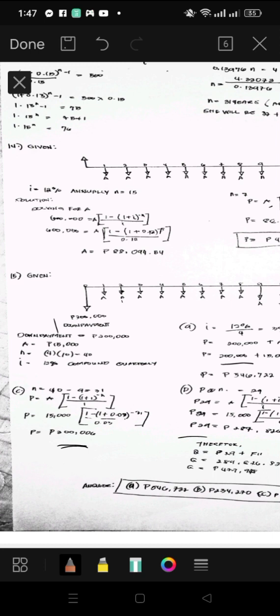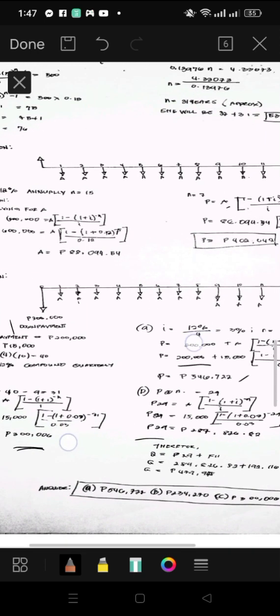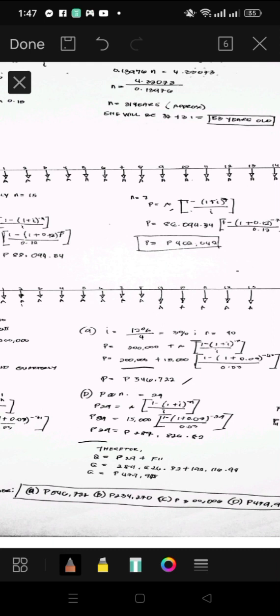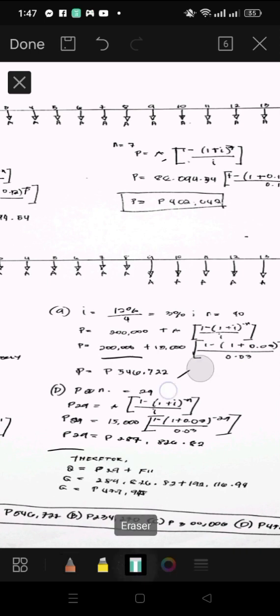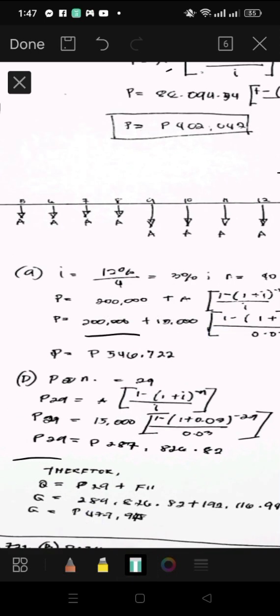D: if he missed the first 10 payments, what must he pay when the 11th payment is due? So we have P with n.